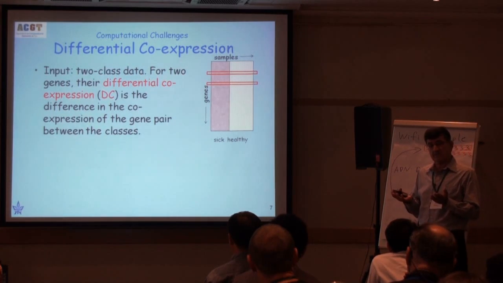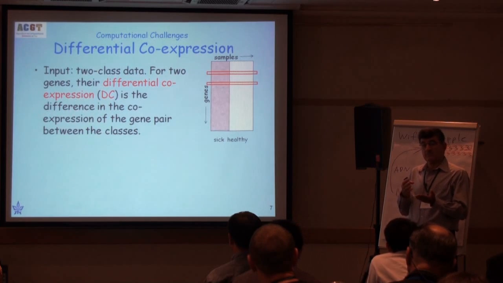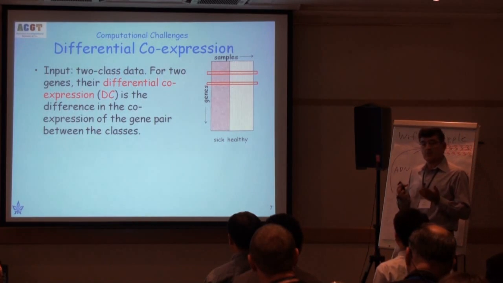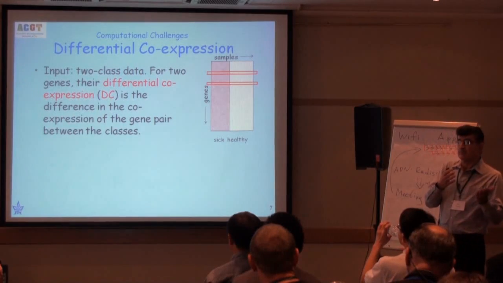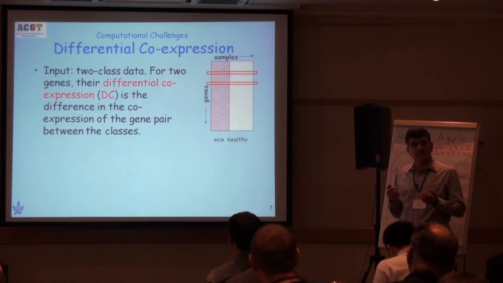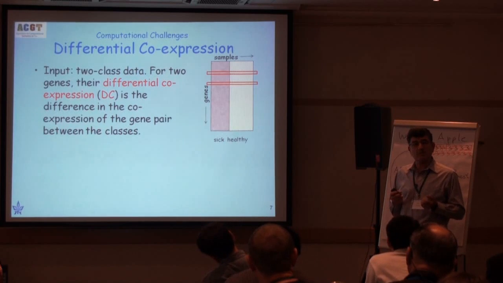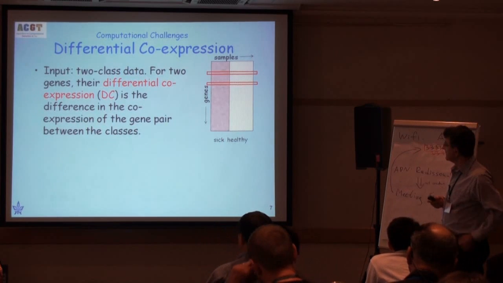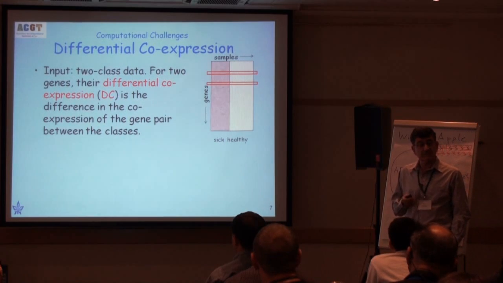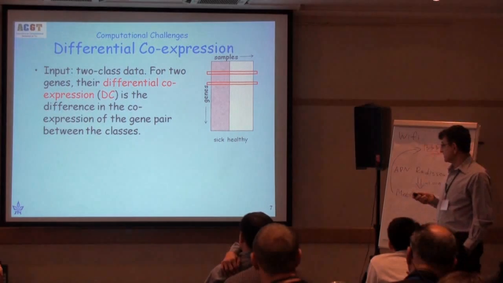So maybe it is a result of dysregulation of these genes. Maybe this is a complex that is working better in one of the situations compared to the other. And indeed, there are good examples where such differential co-expression enabled to identify changes in the regulation.